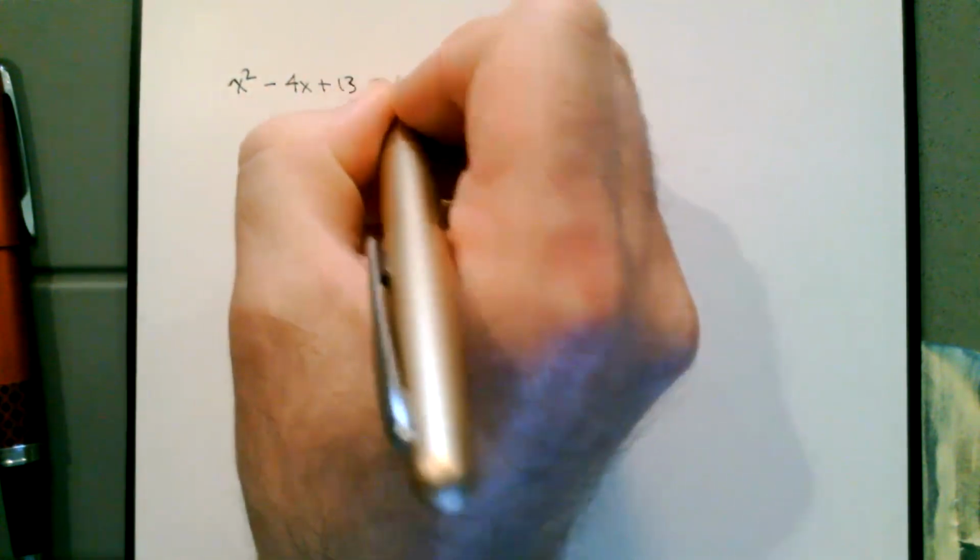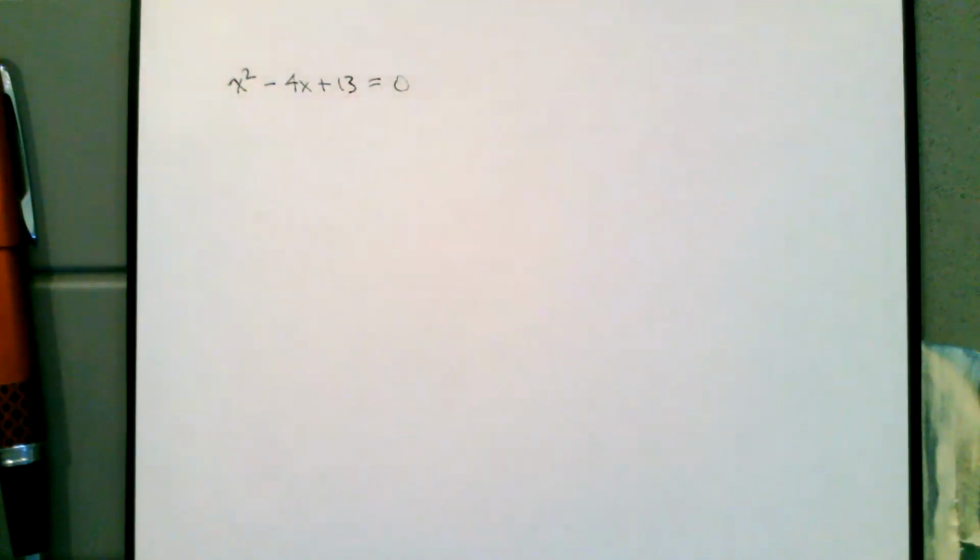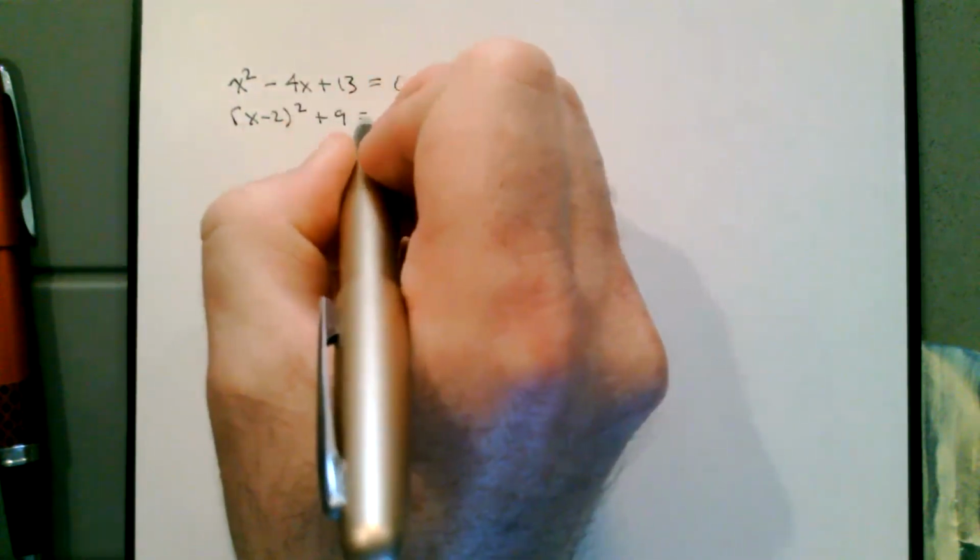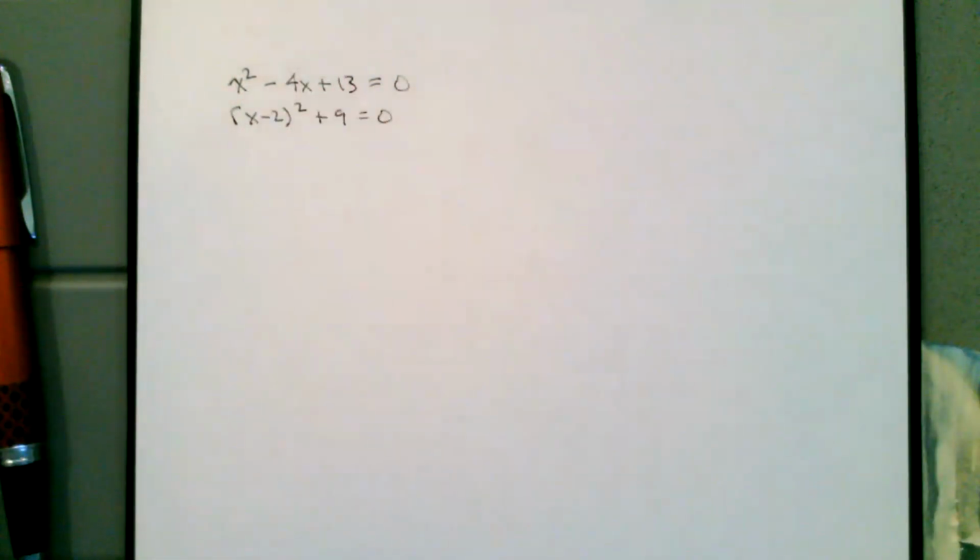So let's say x squared minus 4x plus 13 equals 0. Otherwise known as (x minus 2) squared plus 9 equals 0 by completing the square.